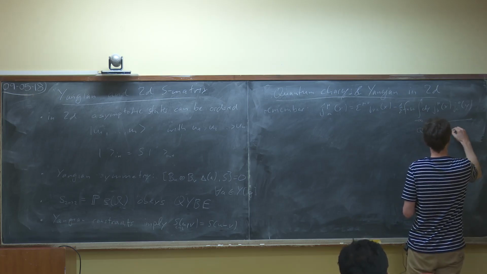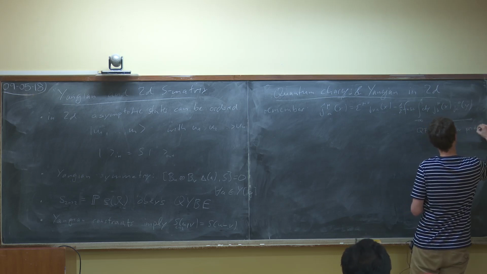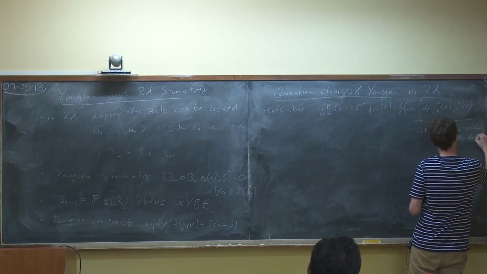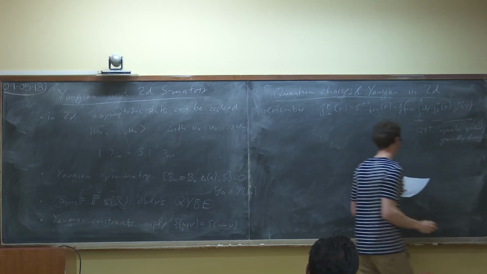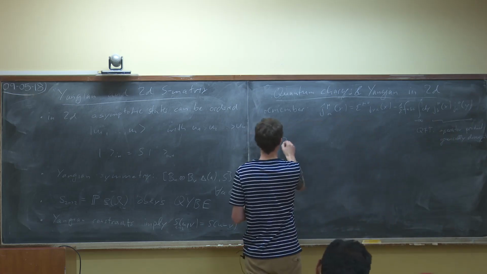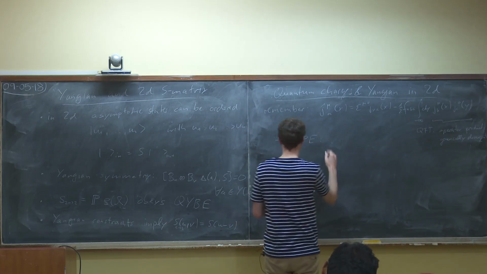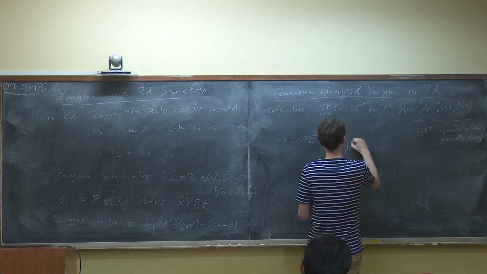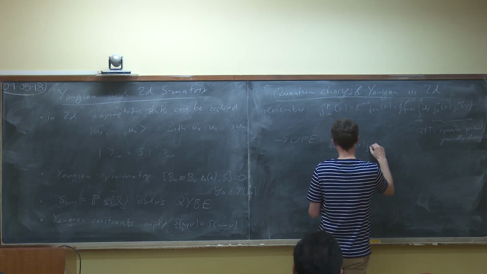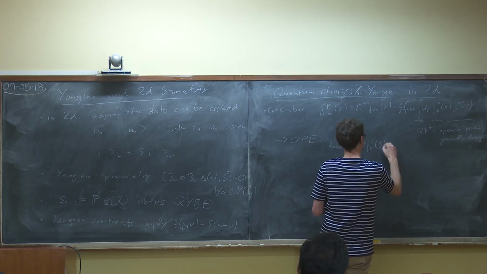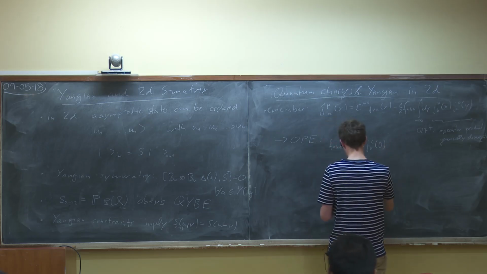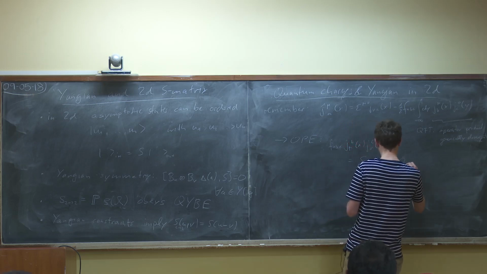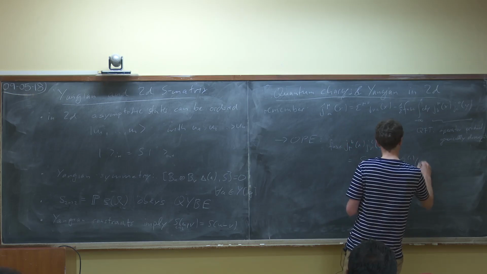So I would like to regularize this, and I should do this by looking at what this product gives me, at the OPE expansion for these currents.